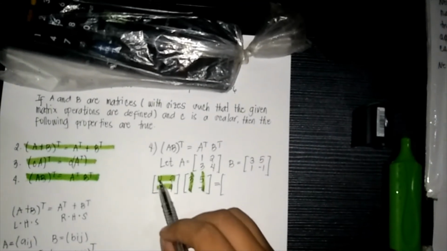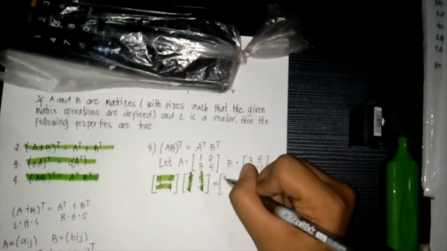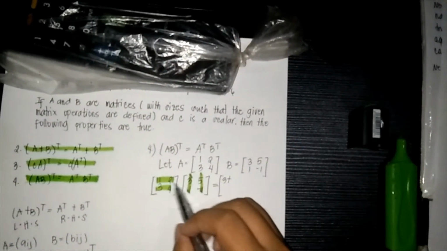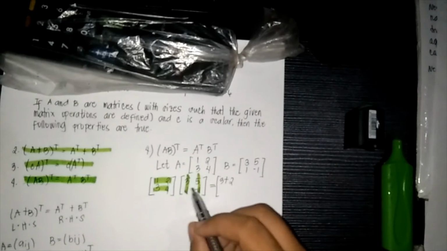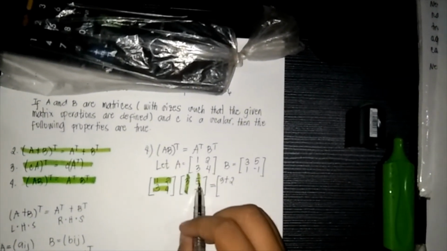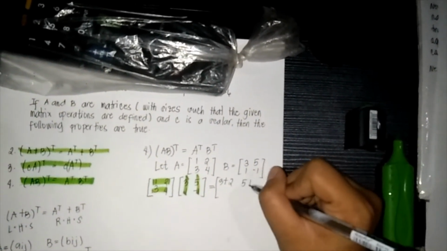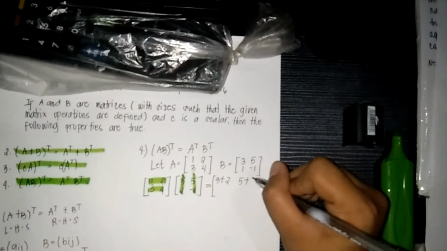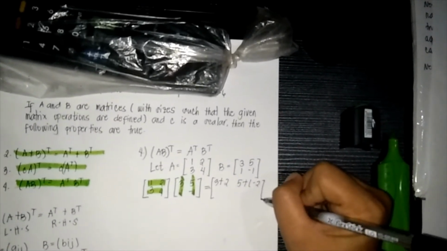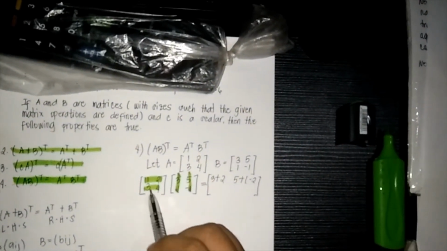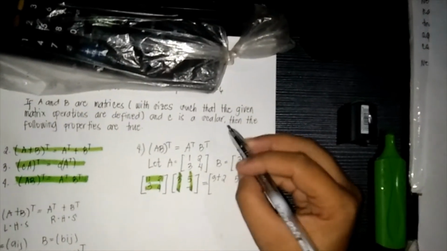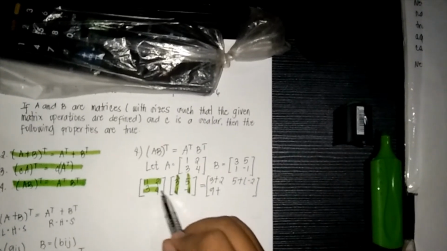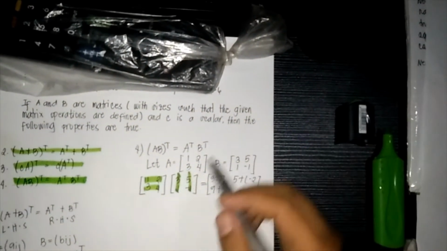So let's start multiplying. 1 times 3 is 3, plus 2 times 1 is 2. Next is 1 times 5 is 5, plus 2 times negative 1 is negative 2. In the second row, we have 3 times 3 is 9 plus 4 times 1 is 4.